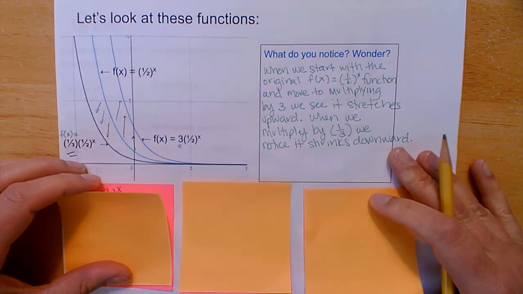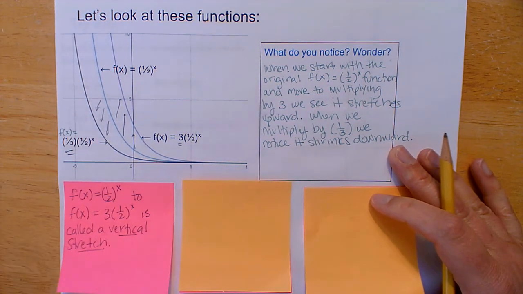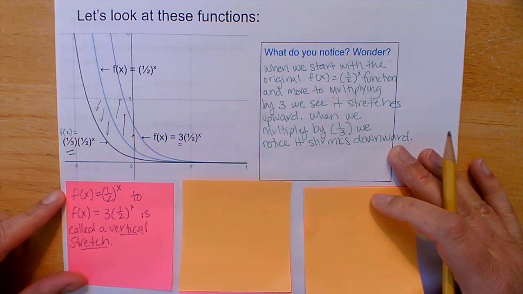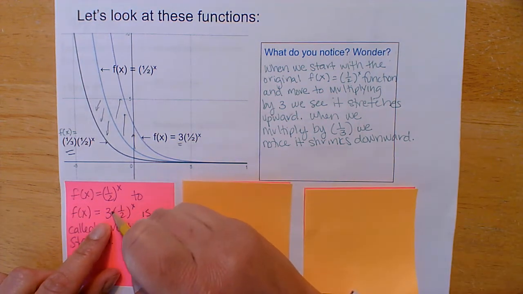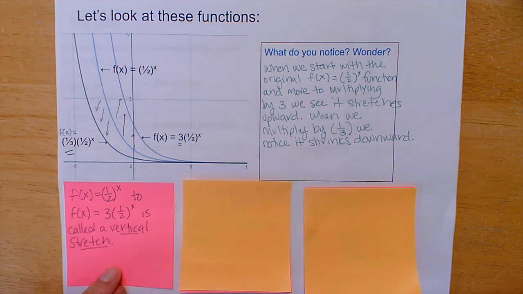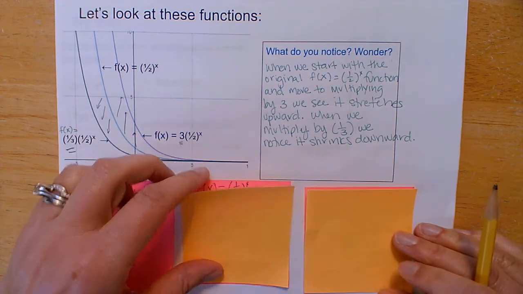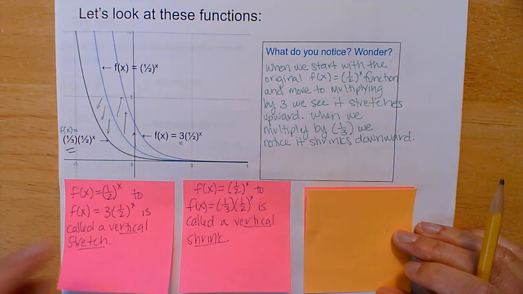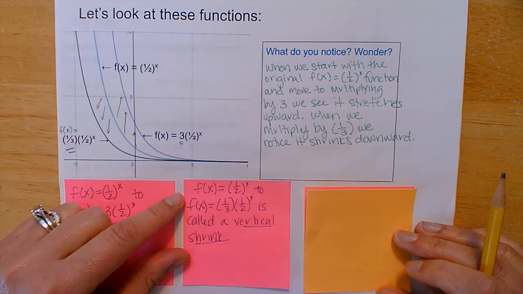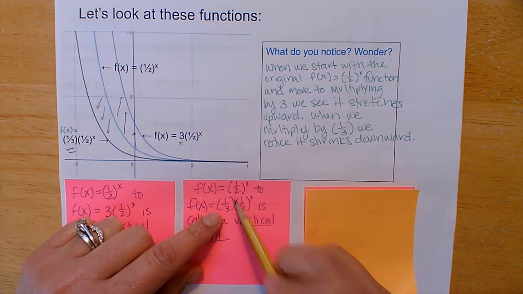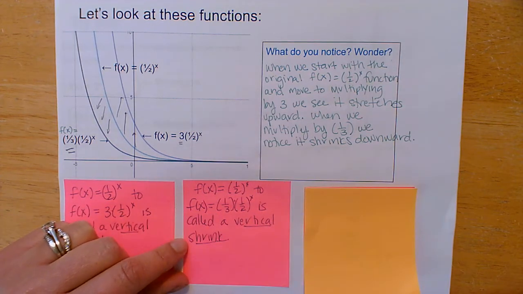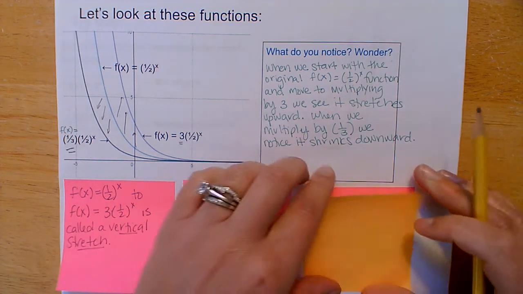So let's look at this even further. f of x equals 1/2 to the x to f of x equals 3 times 1/2 to the x is called a vertical stretch. f of x equals 1/2 to the x to f of x equals 1/3 times 1/2 to the x is called a vertical shrink.